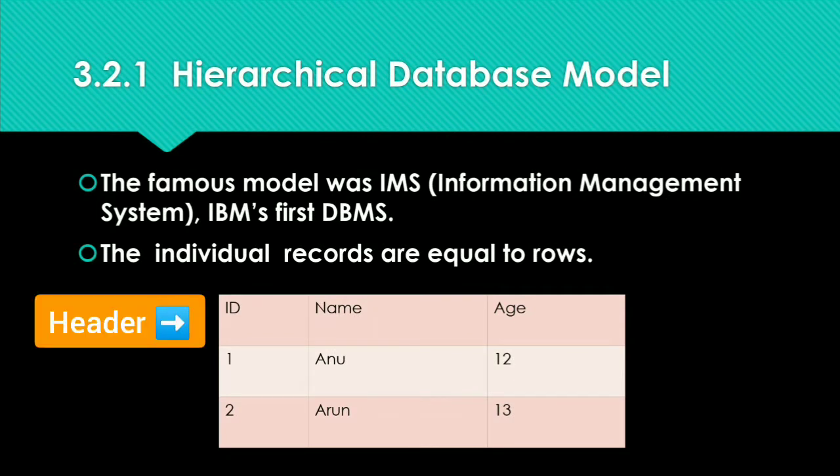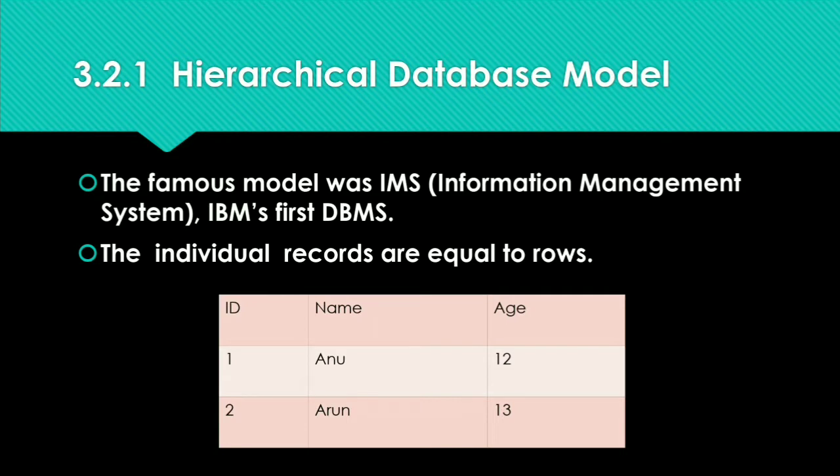It is ID, name, age. These are the headings of this particular table. Now the second row: ID is 1, name is Anu, age is 12. So this particular row indicates one individual's record. So this is the basic idea about a database. We gather data and we store it in a table format.